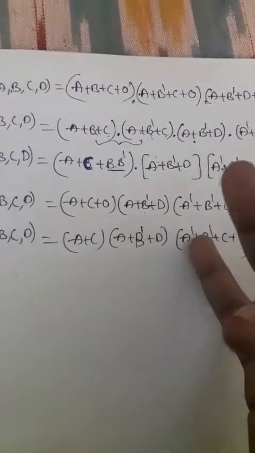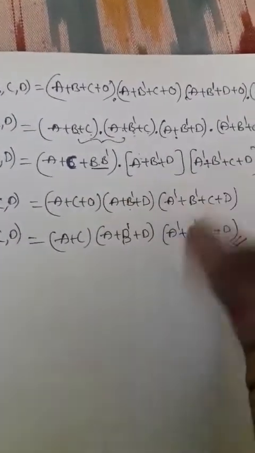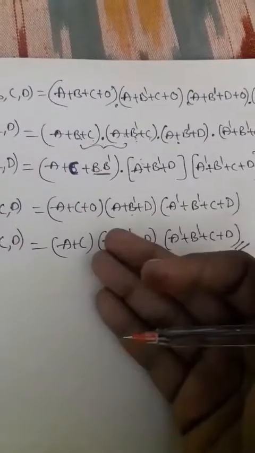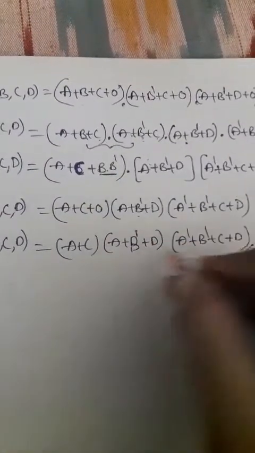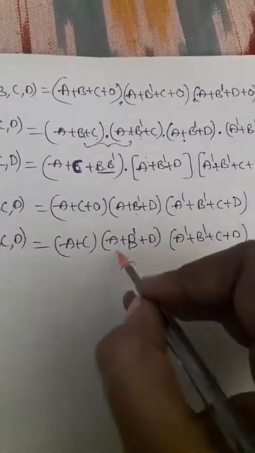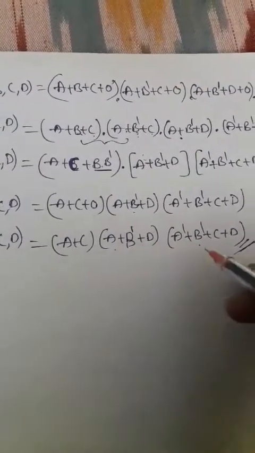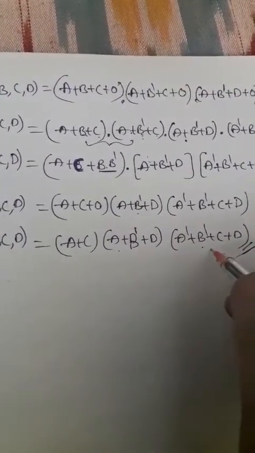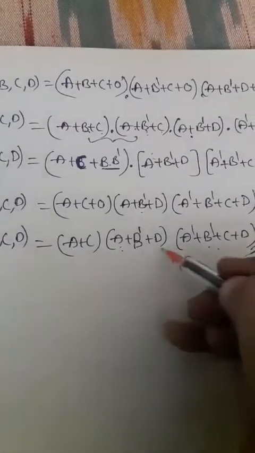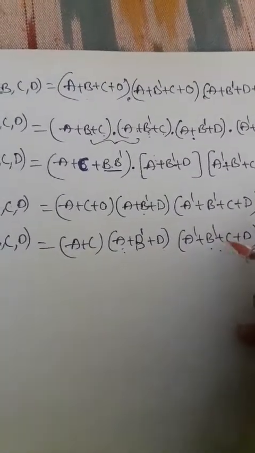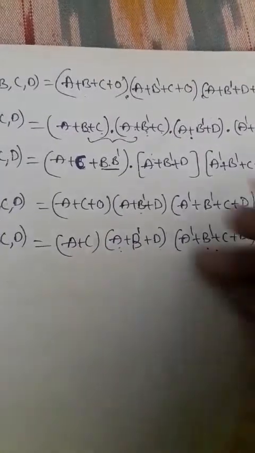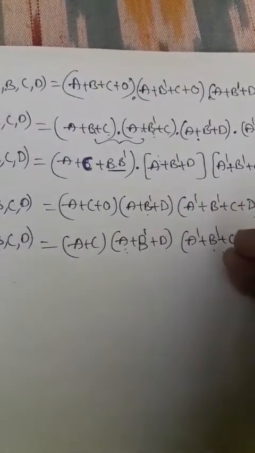If you find any common terms or any theorems applicable for this equation, you can apply them, and after applying you can reduce that equation. I think up to now it's enough. It doesn't have any common terms actually. Just check here, A plus D and A plus D, but in that C is also one more extra, that's why I cannot take this common term. Okay, so this is the POS expression.